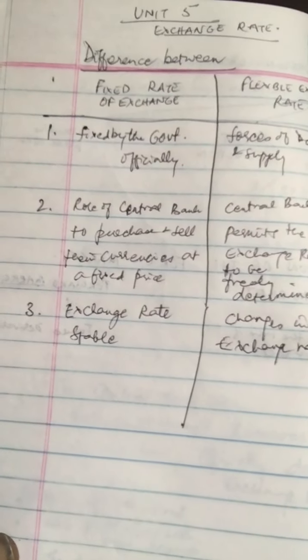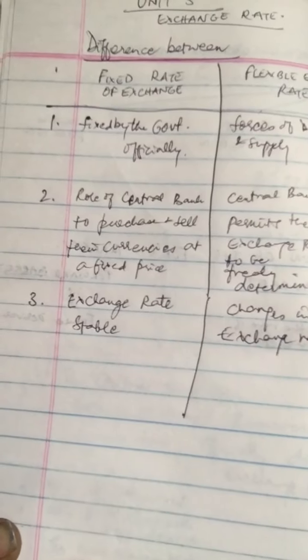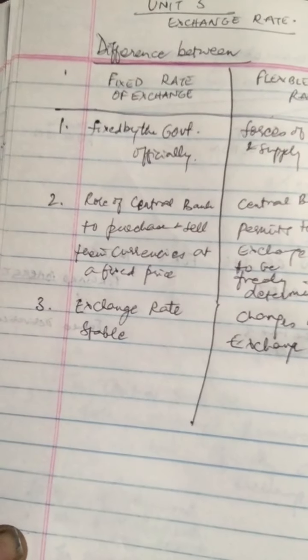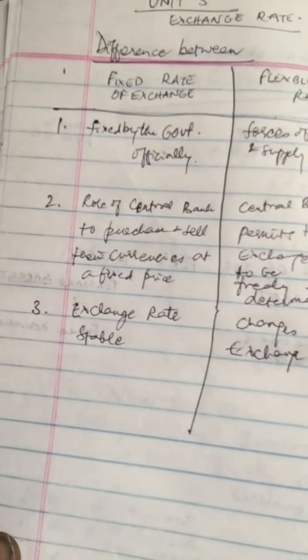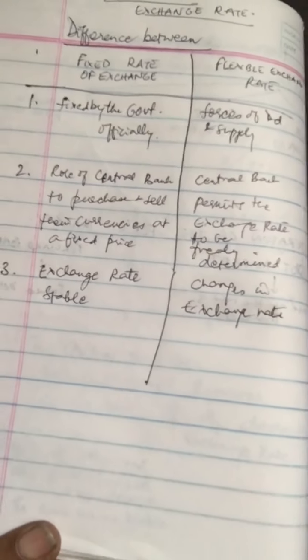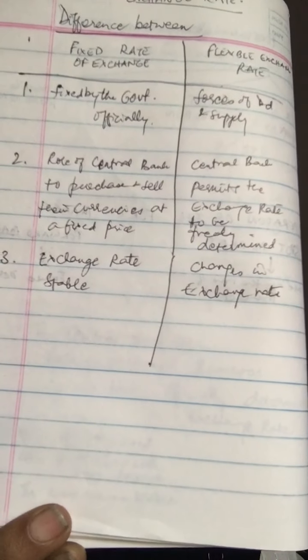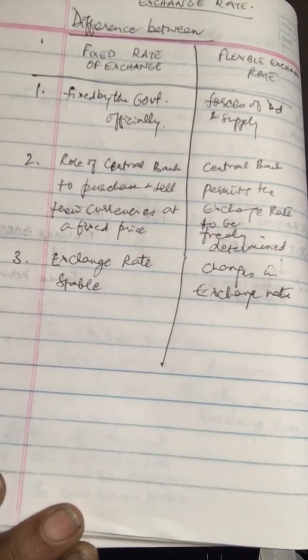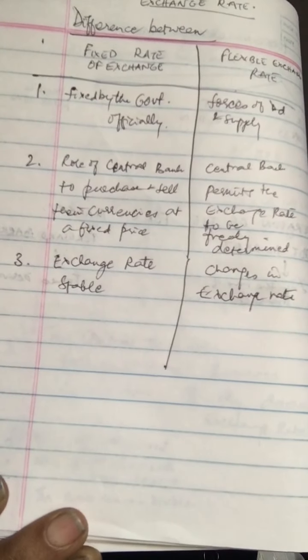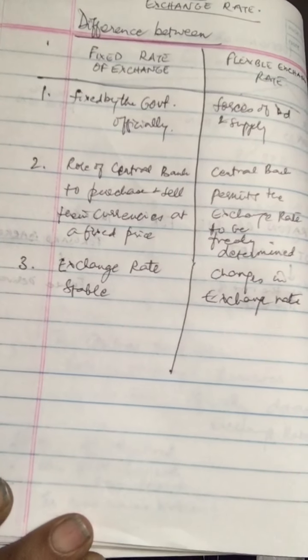Now, after all, why do we have to come to the flexible exchange rate? Because there were some demerits. Fixed exchange rate violates the concept of free markets. So they didn't like too much of government. Regarding the role of government, fixed exchange rate requires regular, vigorous control and monitoring by the government. Government has to intervene in international trade and balance of payment.